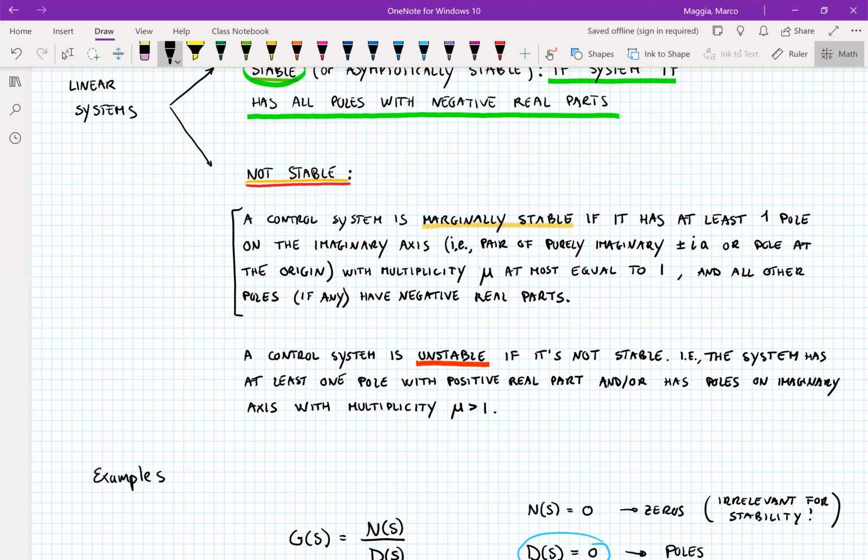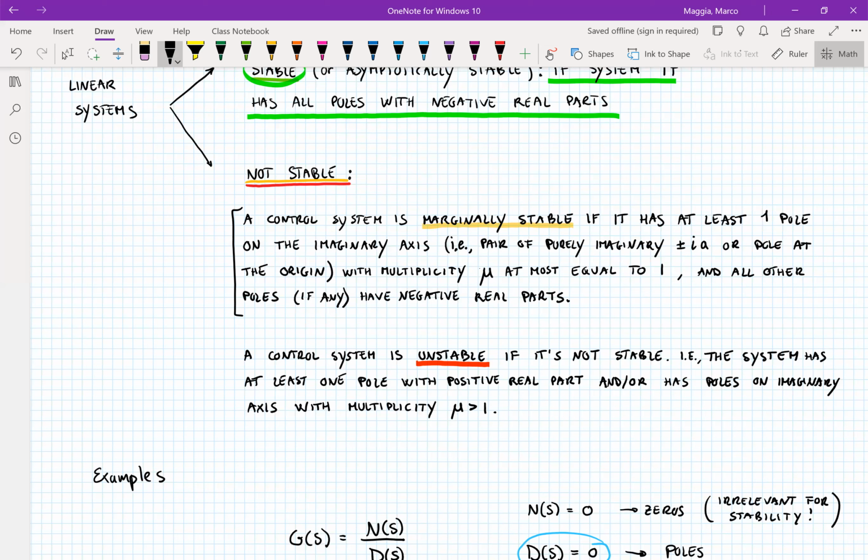But again, if all the poles are either on the left-hand side of the S-plane or on the imaginary axis with multiplicity at most equal to 1, then the system is marginally stable. And that is equivalent to the pendulum without friction, just swinging from plus theta 0 to minus theta 0. So it's just a sinusoidal response.